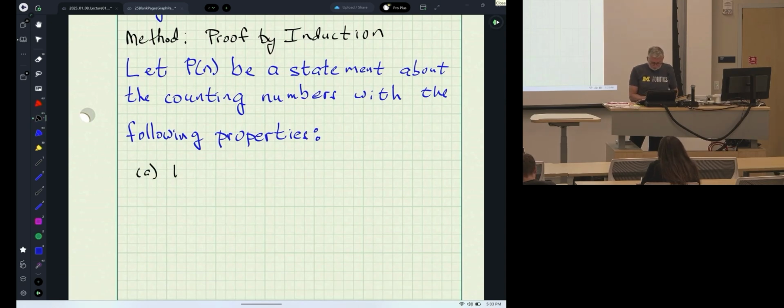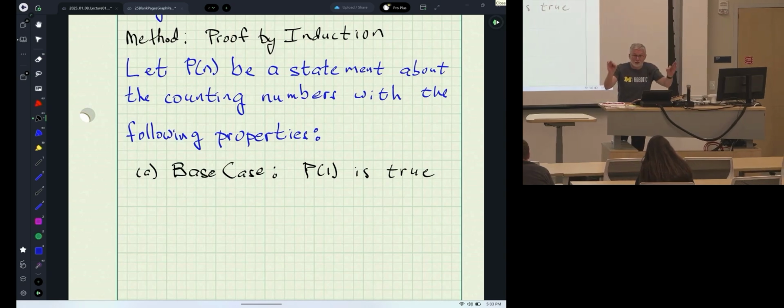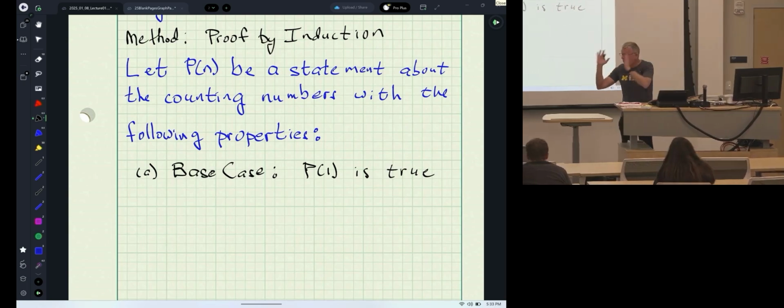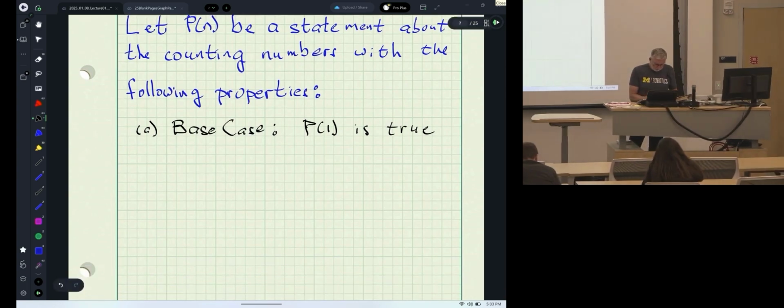A is called a base case. And the base case simply says P of 1 is true. Now, I realize at the moment, P of n, P of 1, that seems very abstract. We're going to make it very concrete in just a second, okay? We're setting up a framework, and then we're going to make it very concrete. So P of 1 is true.